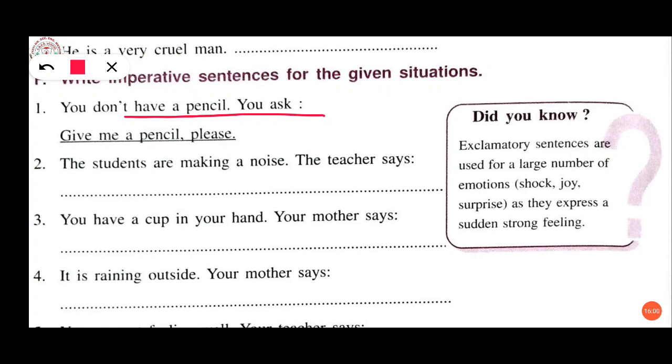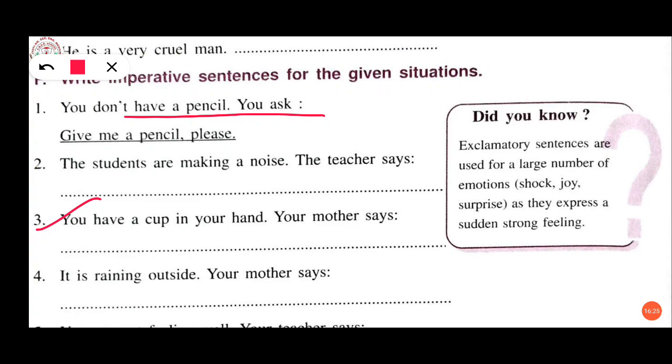Then second one, the students are making a noise, the teacher says. What does the teacher say when you make a noise in the class? Don't make a noise. Third one, you have a cup in your hand. Your mother says, don't break it.